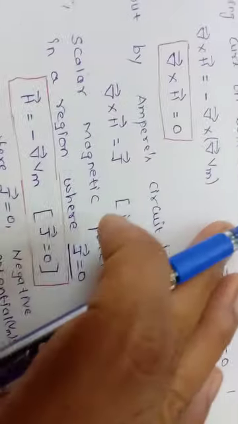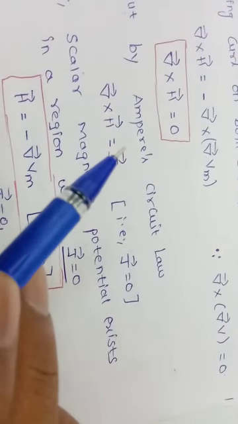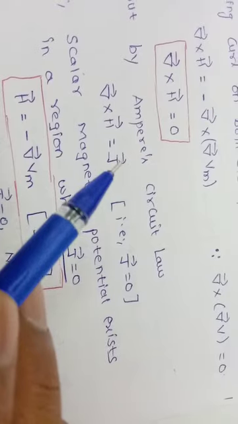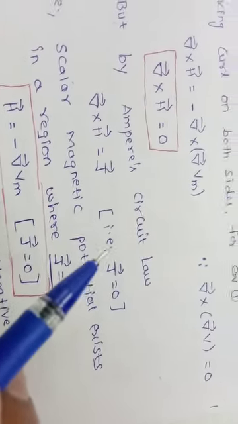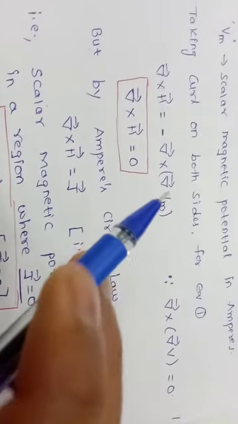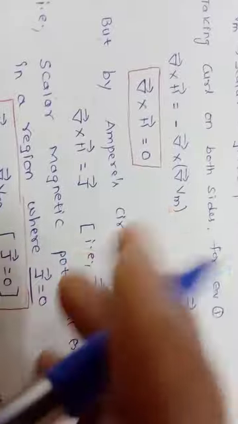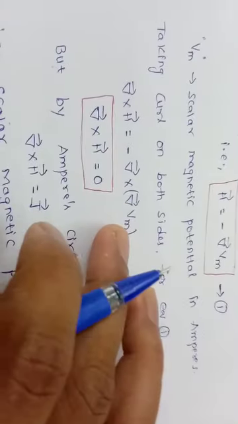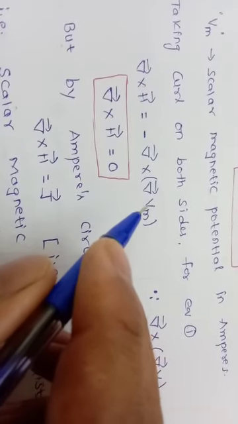But by Ampere's circuit law, it is not equal to 0. It is equal to some current density. Is it clear? If we make J bar equal to 0, then it is equal to this. Then we can say that H bar is equal to minus del bar V m. That means V m is nothing but the scalar magnetic potential.